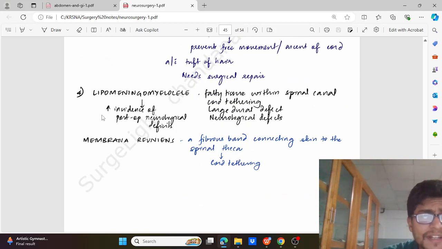Then the last one is lipomyelomeningocele, where we have fatty tissue within the spinal canal associated with cord tethering, a large dural defect, and neurological deficit. There is increased incidence of post-op neurological deficit in surgery. And membrana reuniens, the fibrous band connecting the skin to the spinal theca, causing cord tethering.